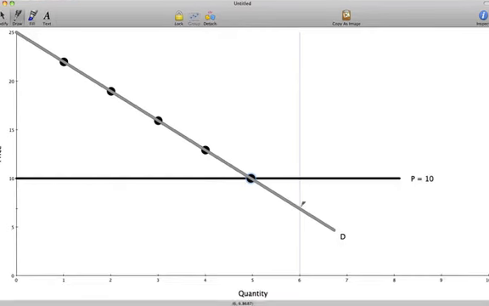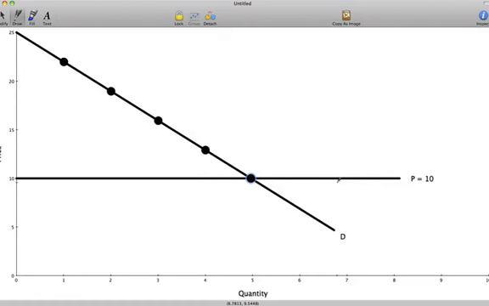No. We will buy the DVDs until we are no longer getting any consumer surplus from buying that additional DVD. Notice that at the fifth DVD, the difference between what we are willing to pay and what we actually have to pay is 0. Any DVDs beyond that point, we are not getting any savings. So we will only buy 5 DVDs.